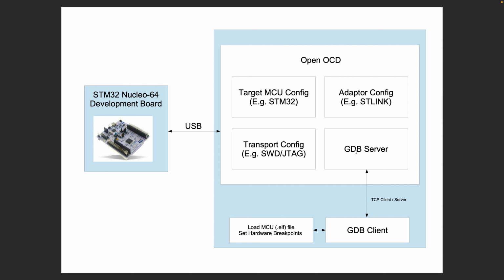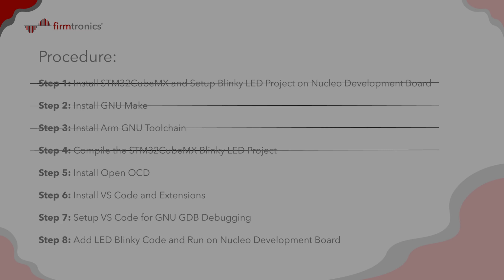Its primary role is to host a GDB server using GDB, the GNU program that we installed in the toolchain. What it does is create a client, which we call a GDB client, that opens a TCP socket to that server. Once you've got that socket open, you can load in an ELF file, which is basically the file containing debug information.